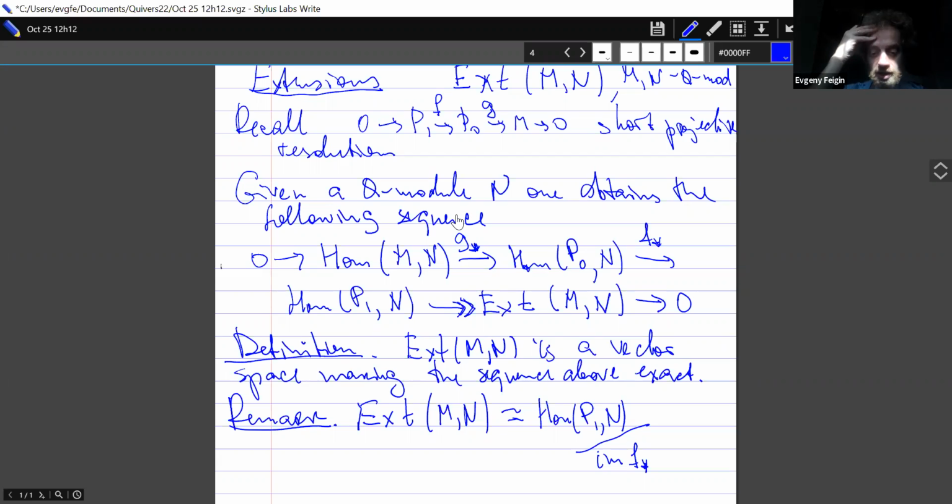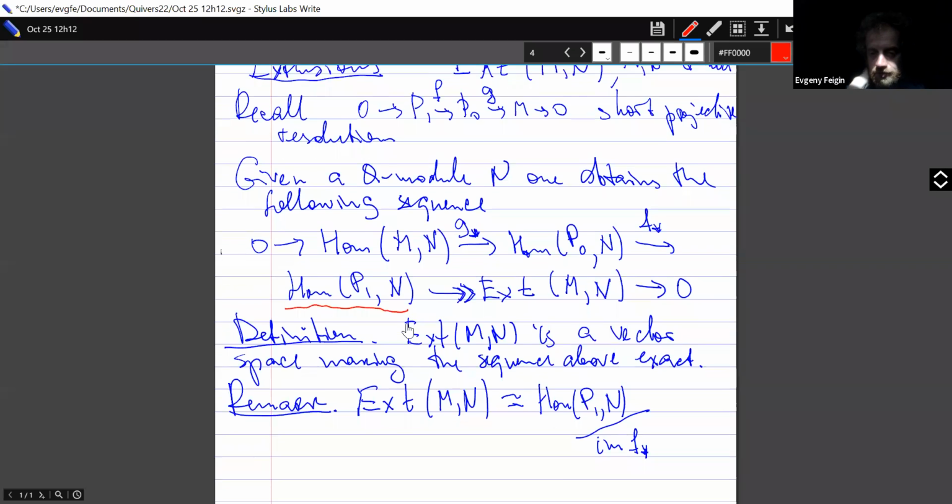Now the obvious map from Hom(P1, N) to Ext written as a quotient makes it surjective. And the last thing, the exactness at the term Hom(P1, N), again follows from our formula.